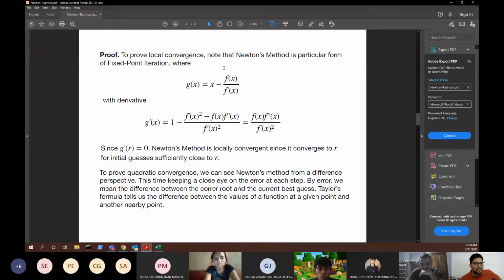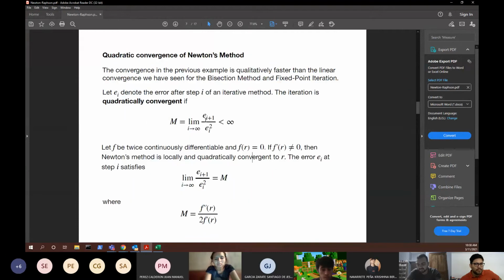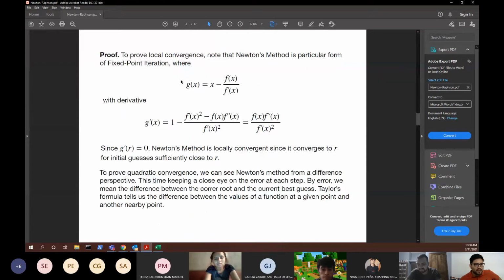So if we go back to the Newton formula, this could be called g(x) equal to x minus f(x) divided by the first derivative f'(x). So it's actually a fixed iteration formula. If we consider a fixed iteration formula, we can compute the derivative of this formula.